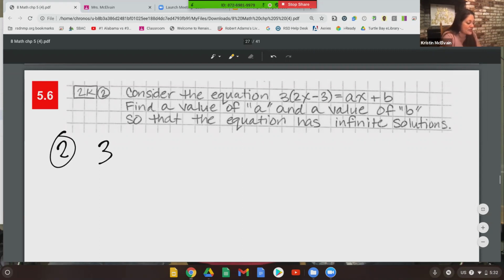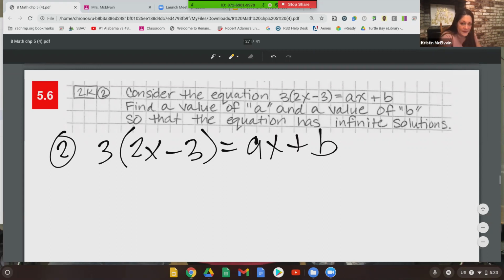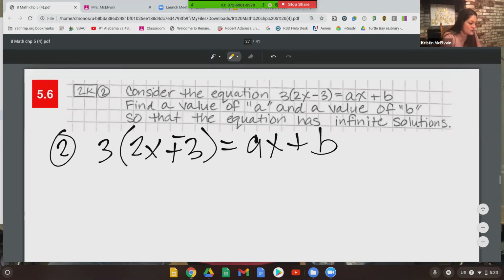Okay, so here we are, we're on number 2. We're going to say 3 times (2x minus 3) equals ax plus b. Okay, so add the opposite in here. And now we're going to distribute 3 times 2x and 3 times negative 3.